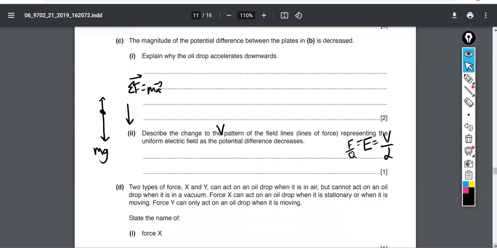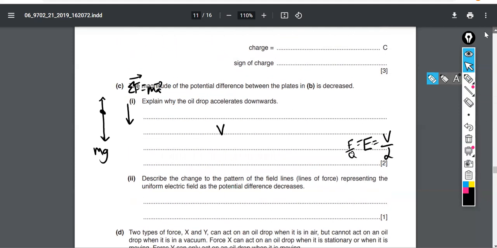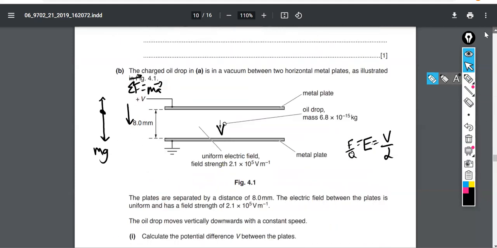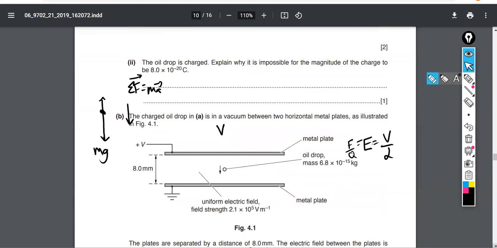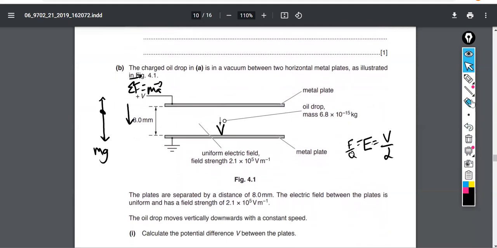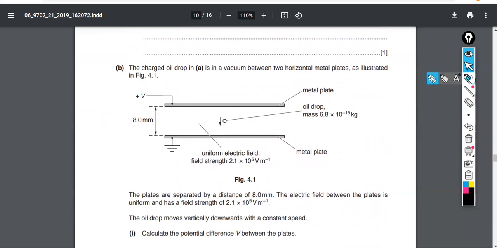All right, moving right along, it says, describe the change to the pattern of the field lines, the lines of force representing the uniform electric field as the potential difference decreases. I had previously drawn some field lines on figure 4.1 here. The rule is that the density of the field lines shows the strength of the field.